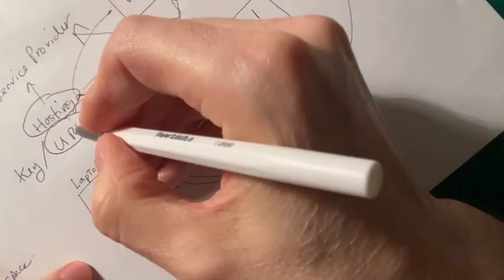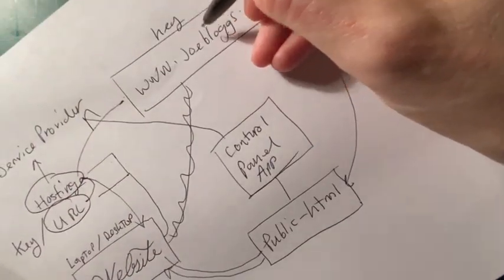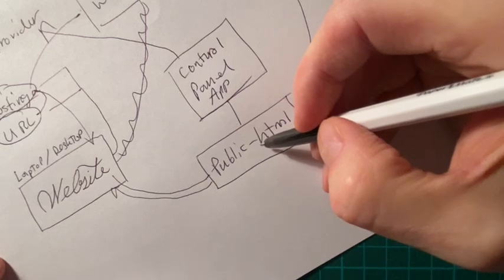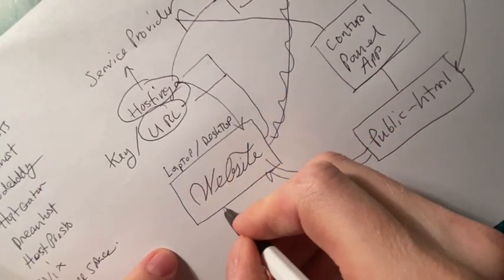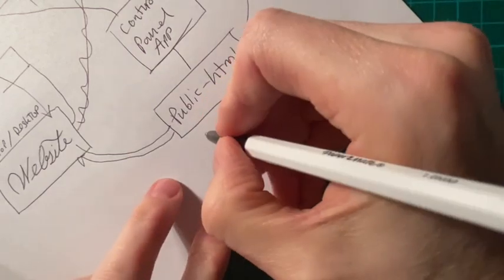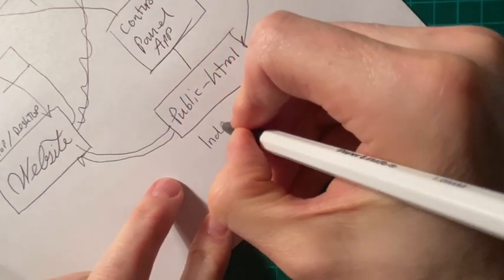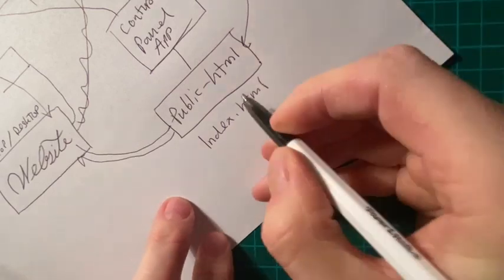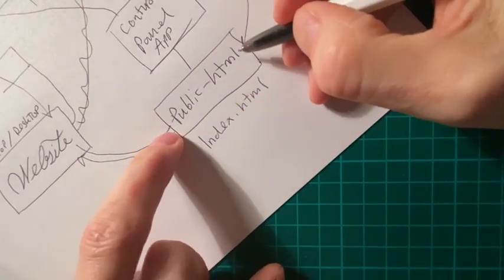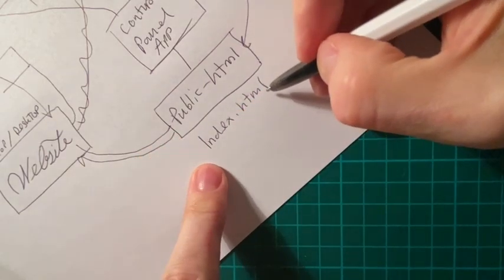So when someone types in this URL, it goes to the public HTML file, and inside the public HTML, there should be one file called index.html. This guy here will open up the website, and that's basically your home page.